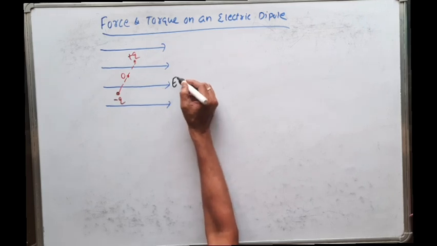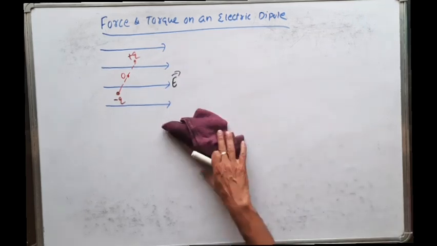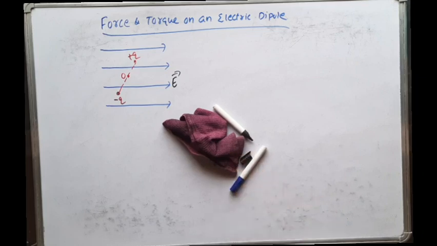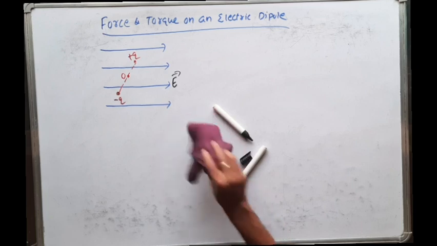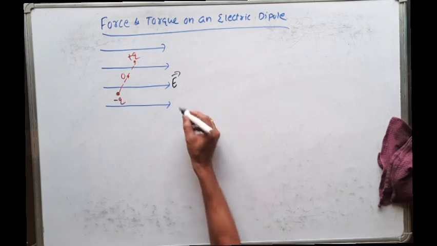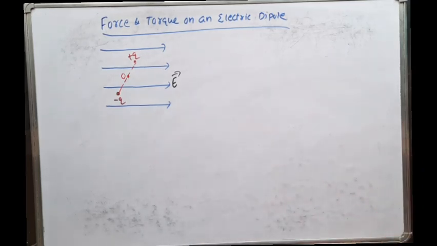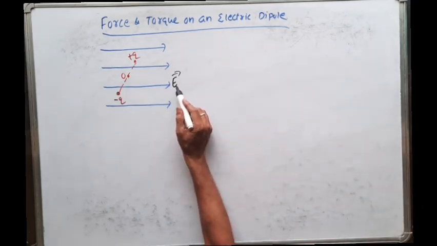The electric field strength is E. So we can write here, let us say E is the uniform electric field strength.